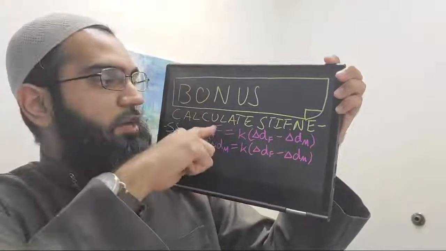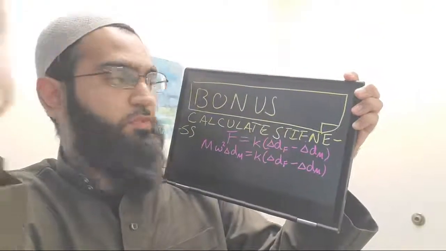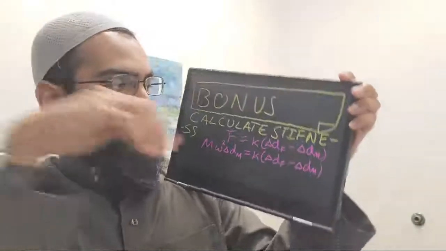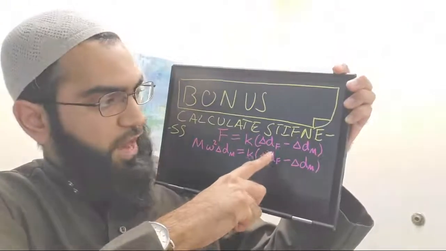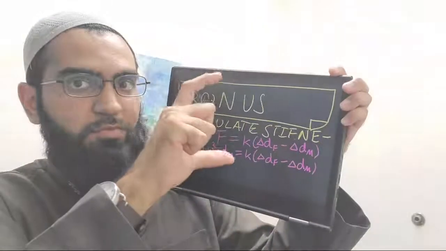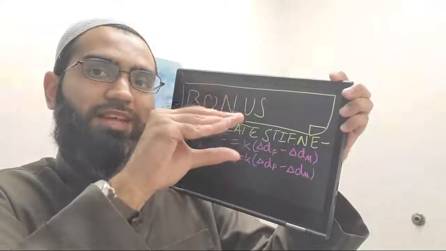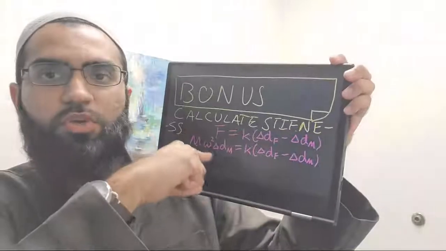So because we applied this force and we get less displacement than normal, less displacement than free displacement, that delta between what we got with and without a mass, that's calculated. That's what we're describing on this side here. We write delta F, which is free displacement, the maximum displacement, and delta M, with the mass we have less. So that difference there. So that force, we know what it is.